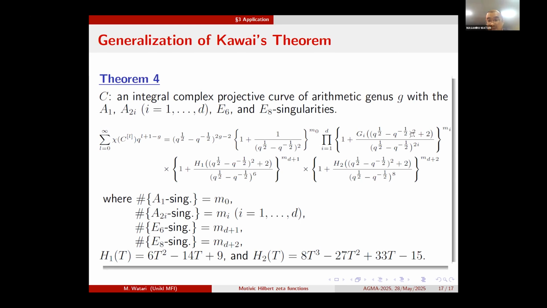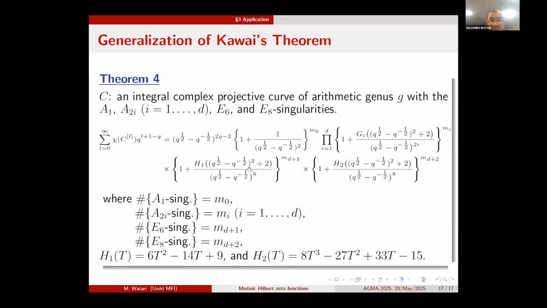Here, M_0, M_i, and M_{D_1+1}, M_{D_2+2} are the numbers of each type of singularity. And H1 and H2 are polynomials. H1 is this, and H2 is given by this.